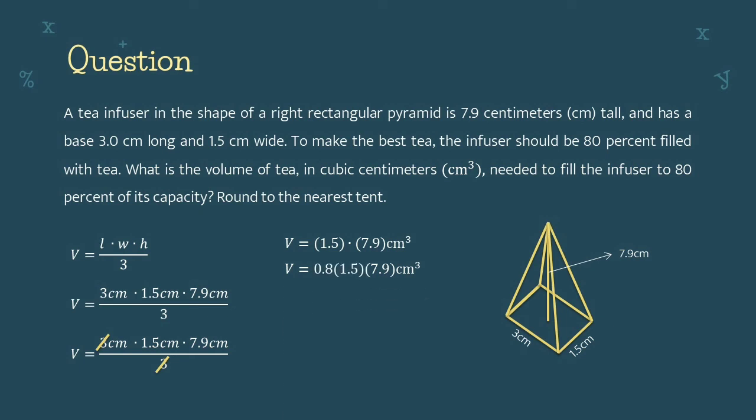And let's see, 0.8 times 1.5 would be 0.8 plus 0.4, so this part is going to be 1.2 times 7.9 centimeters cubed. We could try to approximate this. So if we say 1.2 times 7.9, we get 9.48. We are going to round up to 9.5.